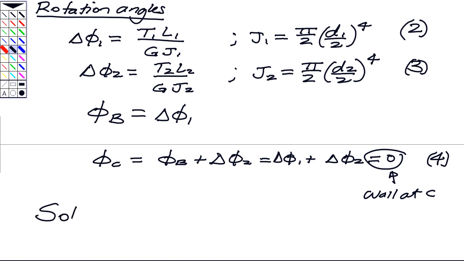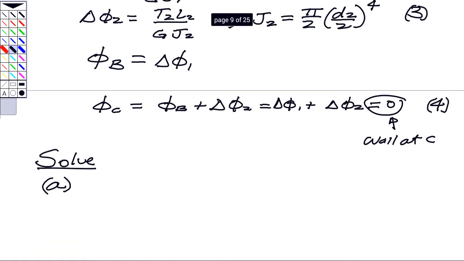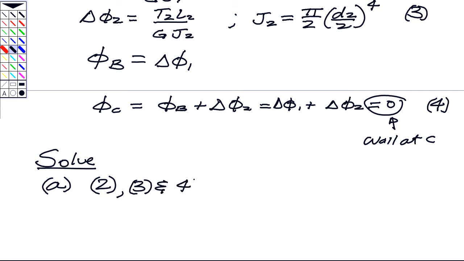Again, because it's an indeterminate problem, we must solve these equations simultaneously rather than sequentially. So for part A, I'm going to grab equations 2, 3, and 4. 2, 3, and 4 are the rotation equations plus our compatibility equation.